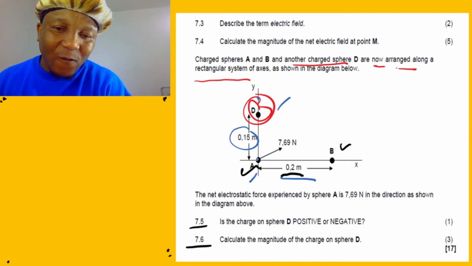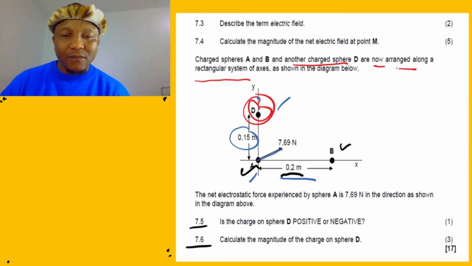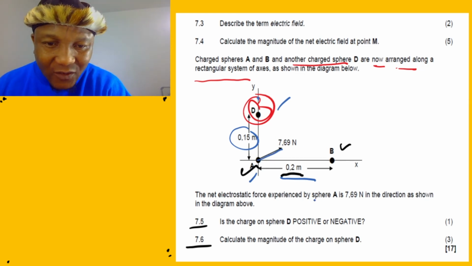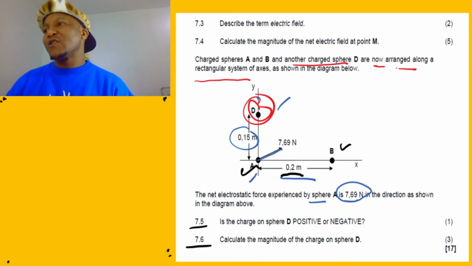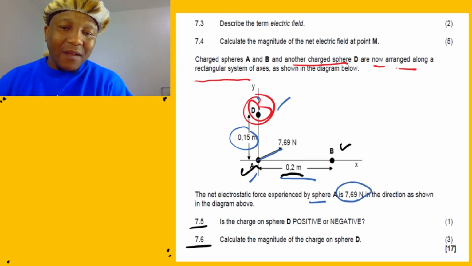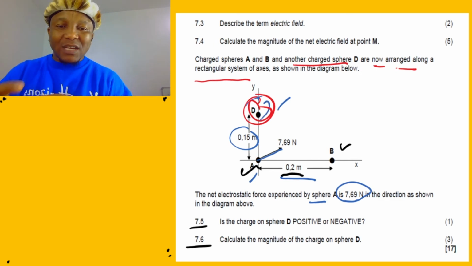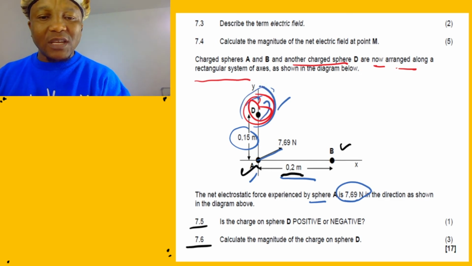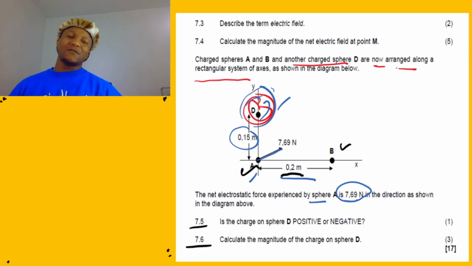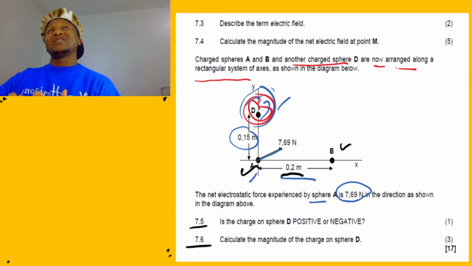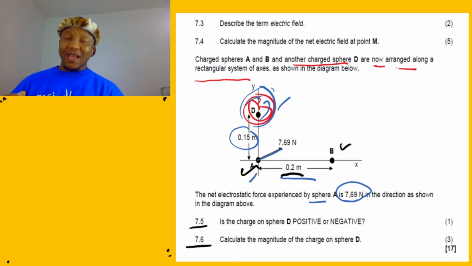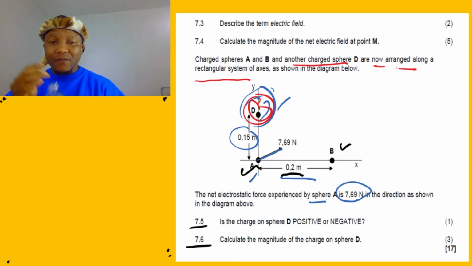So there is another force which comes here as a net force, because sphere A is now going to experience a new force. Remember, the force is going to be different because this is going to be pulled or attracted. For now we don't know the charge of D, but roughly it could be positive, because we know anything which is on top or up is positive. Down, negative.